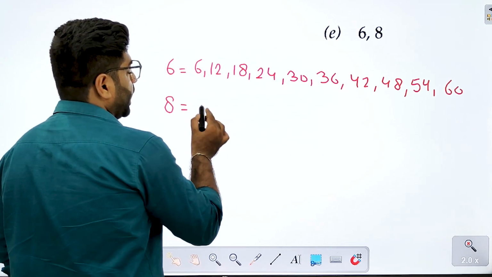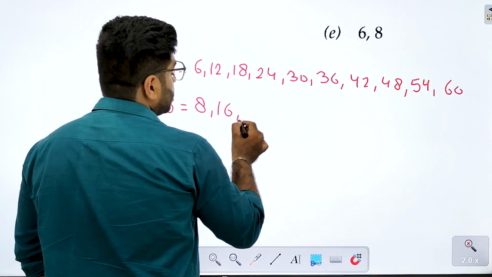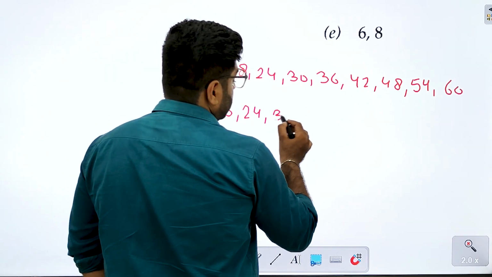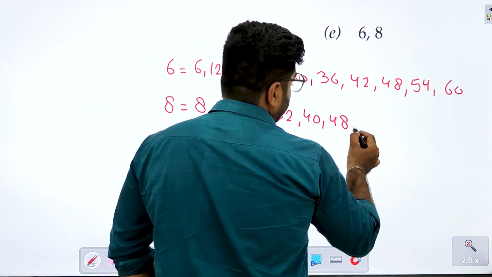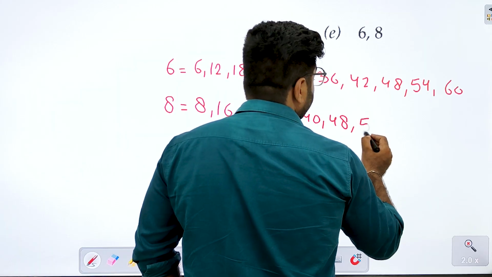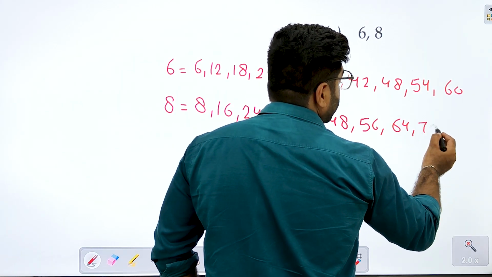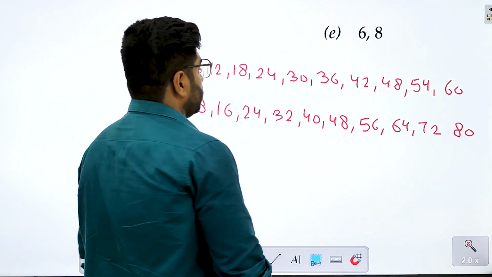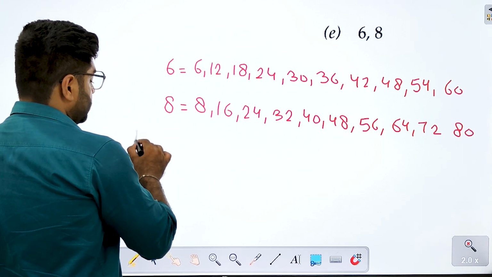After that, multiples of 8 are 8, 16, 24, 32, 40, 48, 56, 64, 72, and then 80. Clear? Now we have to find the lowest common multiple of these two numbers, that is the LCM.